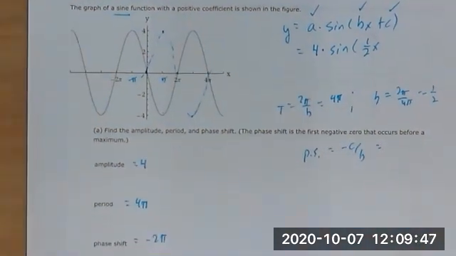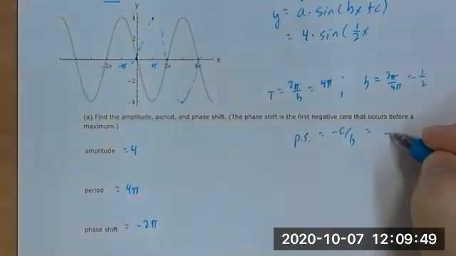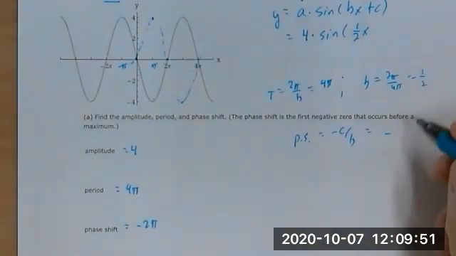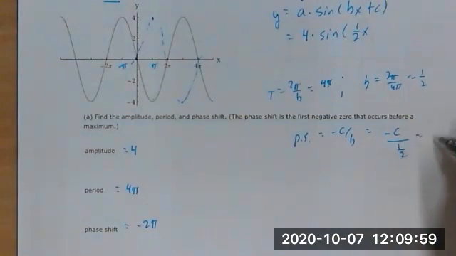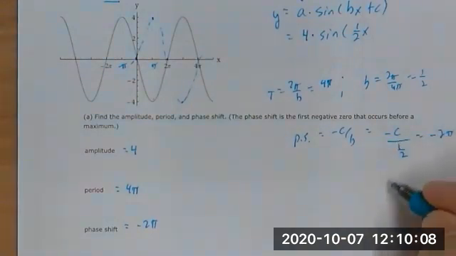And we know that phase shift is negative c over b. So negative c, I know b is 1/2, and the phase shift is negative 2 pi. I can actually multiply both sides by 1/2. The negatives cancel. Looks like c is going to be pi.